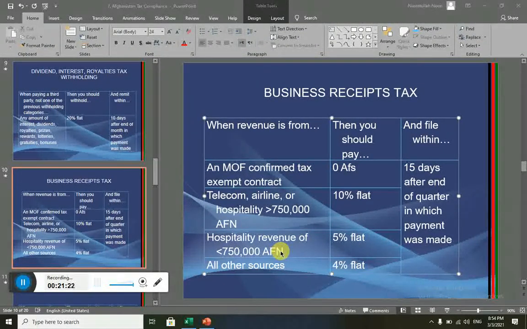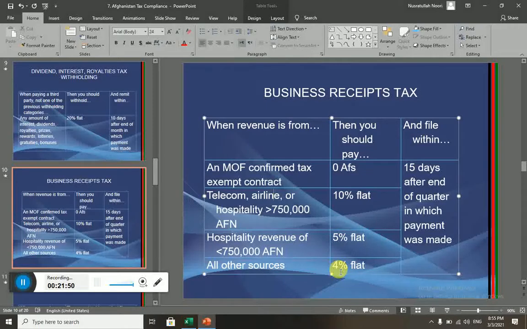Other than telecom companies, aviation or airline companies, hospitals, restaurants, hotels and guest houses, other than these 6 sectors, all the companies working in the other sectors, they are subject to 4% BRT on a quarterly basis, right?